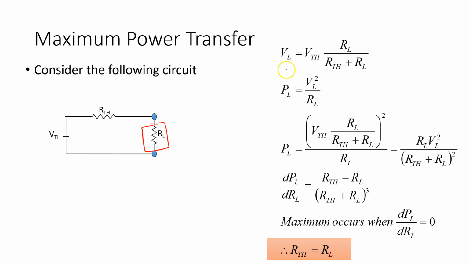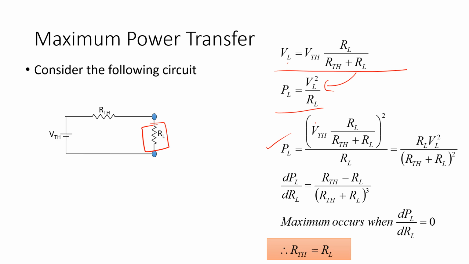So the power in the load, I can first find the voltage using my voltage divider equation, and then I know power is V squared on R, so V load squared on RL, which is the load resistance. So if I substitute this equation into here, I should get this.